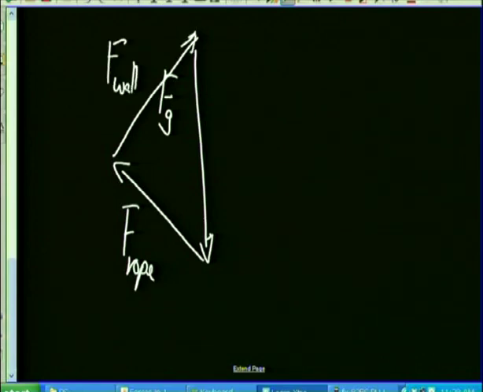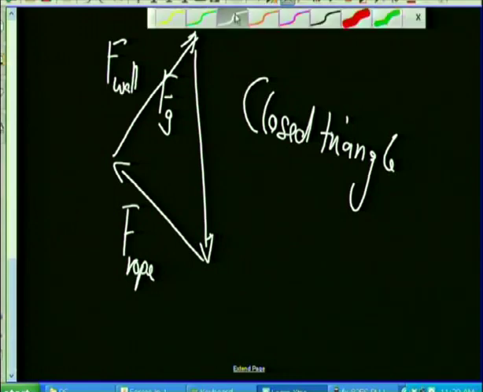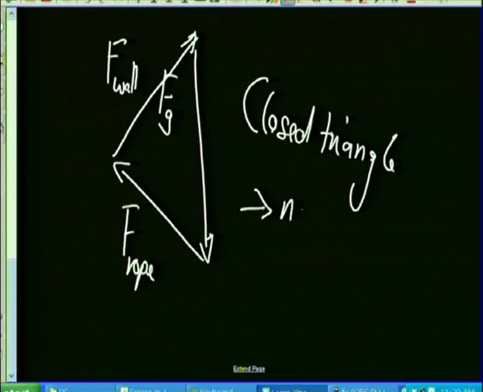And what do you notice? We notice that there is a closed triangle. Whenever you join the forces, and I haven't done it very accurately, but you can do it accurately, you can be asked to do it very accurately, measuring angles and all that sort of thing. But what we're going to find is that when we've got a closed triangle, then we can make a conclusion. And the conclusion is that there is no resultant.